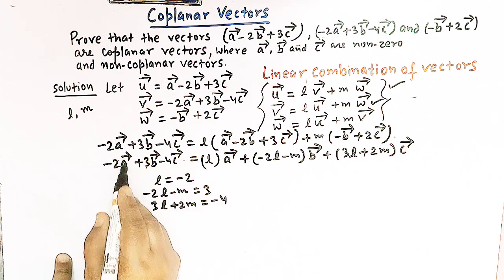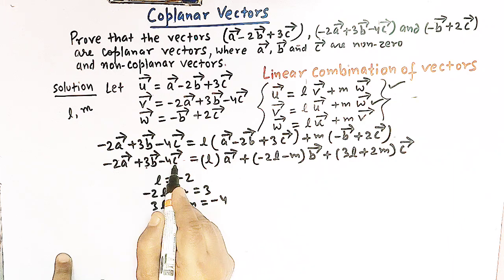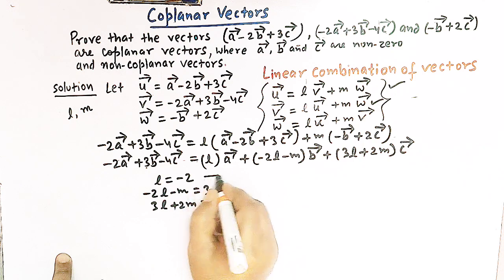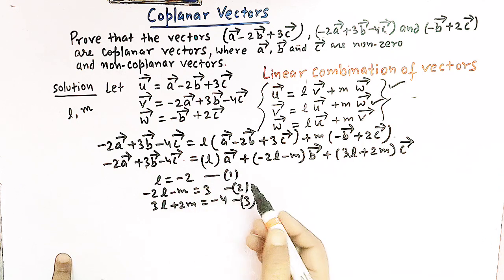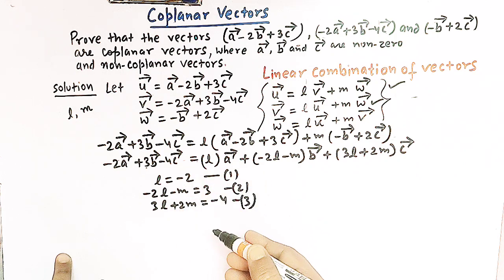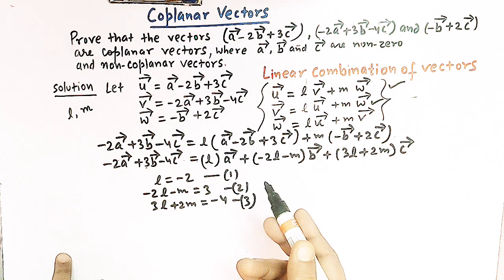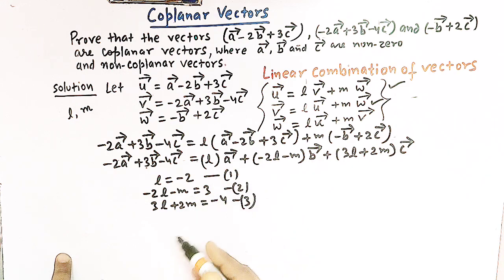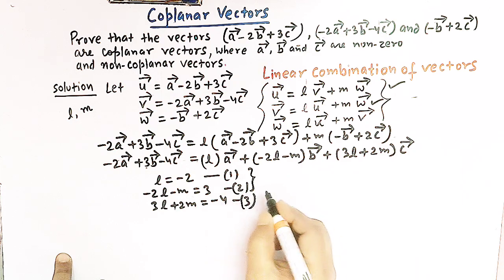So here the coefficients of vector a is minus 2, vector b is 3, and vector c is minus 4. So again, here we have three equations, and we can select any two equations to get the value of L and M, and then we try to satisfy the values of L and M in the third equation, right? So here we'll select equation 1 and equation 2.